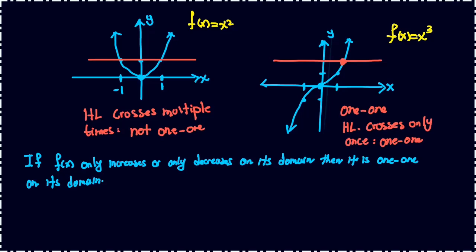For instance, let's look at f of x equal to x plus sine of x on negative infinity to infinity. f prime of x is equal to 1 plus the derivative of sine x, which is cosine of x.